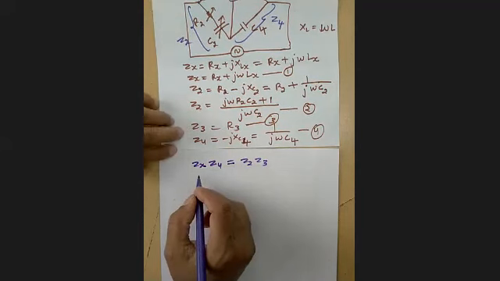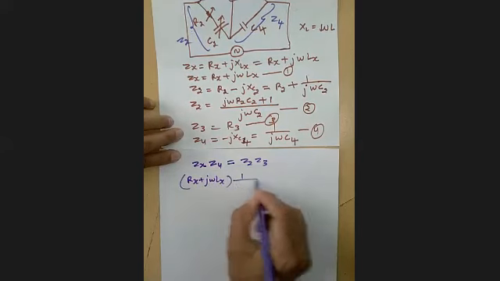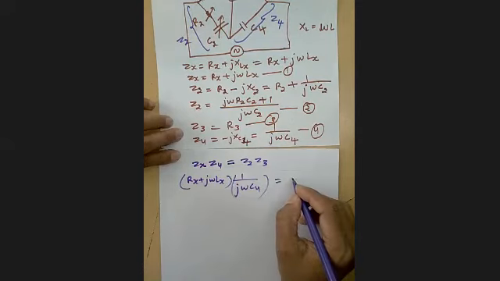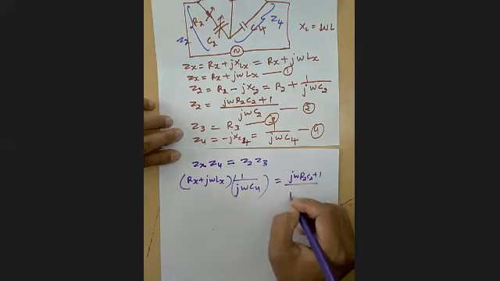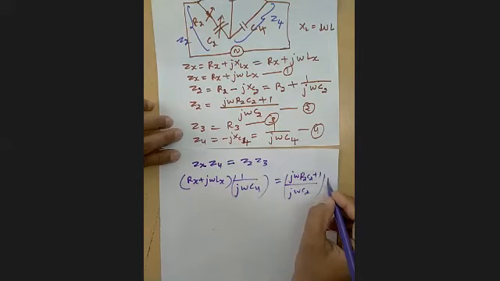Now put the value: Rx plus j omega Lx into 1 upon j omega C4 equals Z2, which is j omega R2 C2 plus 1 upon j omega C2, multiplied with R3.